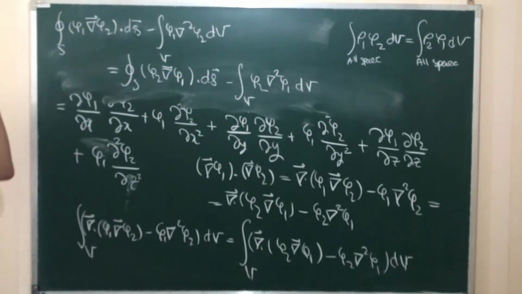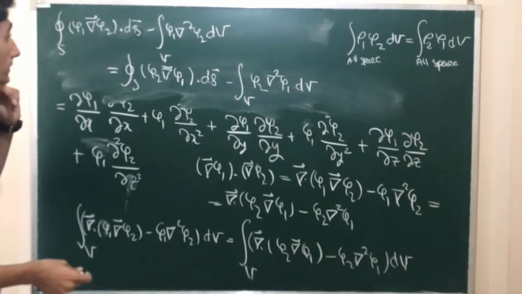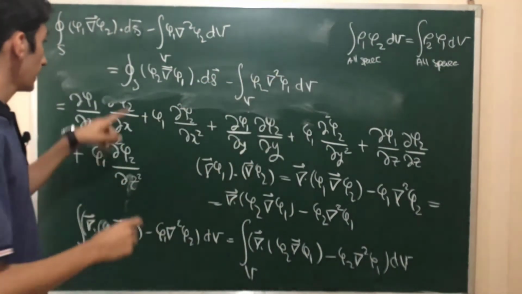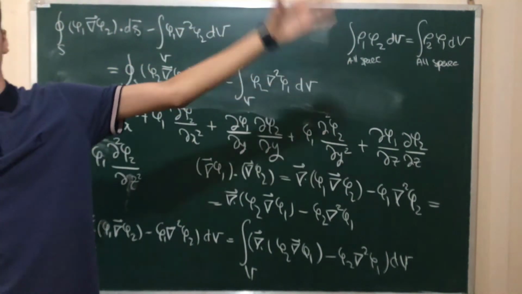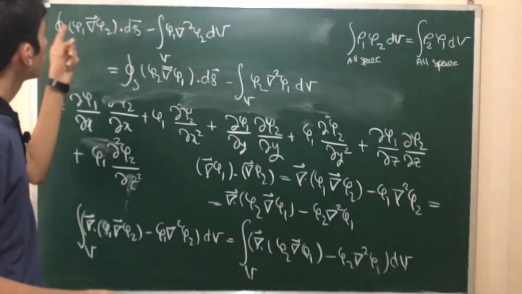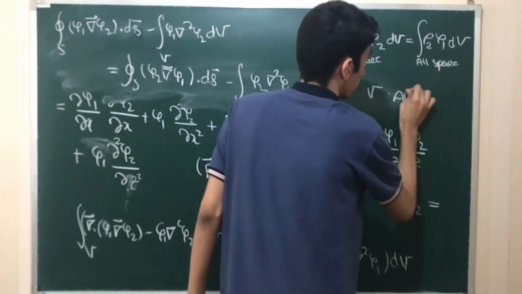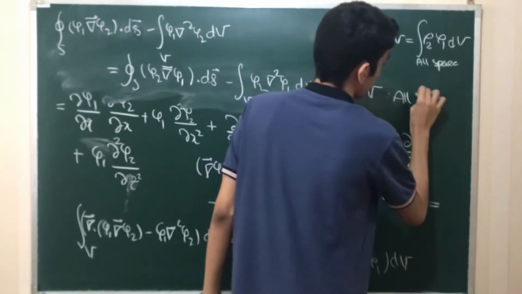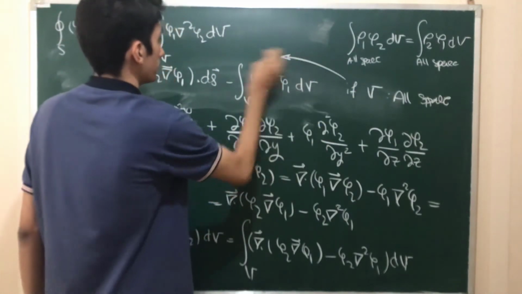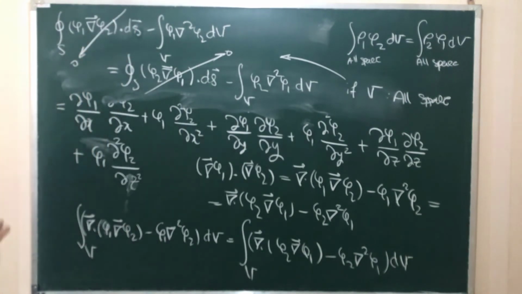If you remember what we said at first, if this volume V is all of space, this surface would be at infinity. And we know that at infinity, phi 2 and phi 1 are 0. So if V is all of space, this surface term would be 0 and this one would be 0.